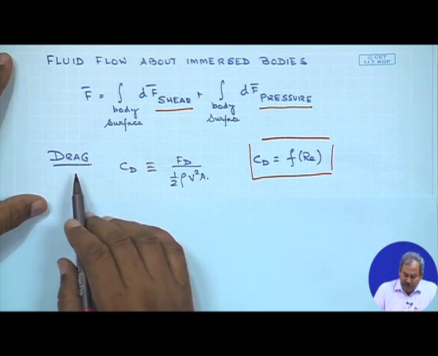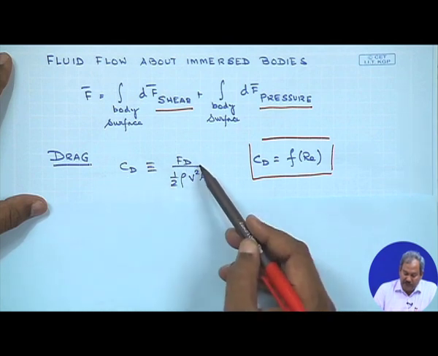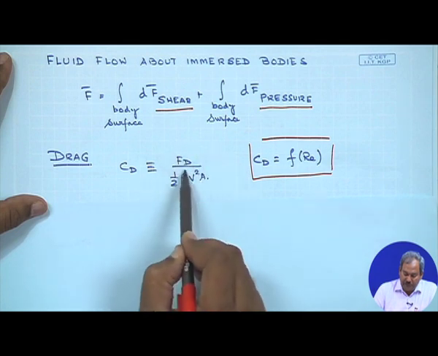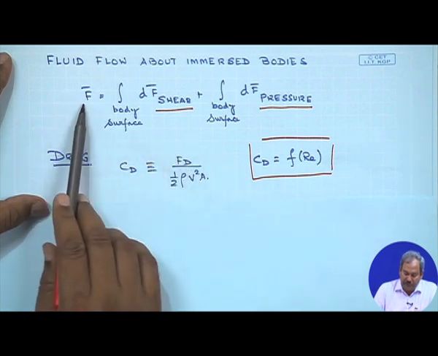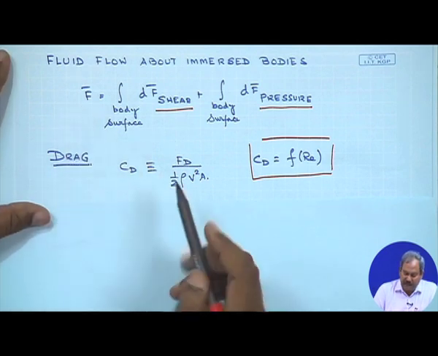The drag is generally expressed in terms of the drag coefficient, which is denoted by CD, where FD is the drag force. This FD is simply the force experienced by a moving object in, for example, air.